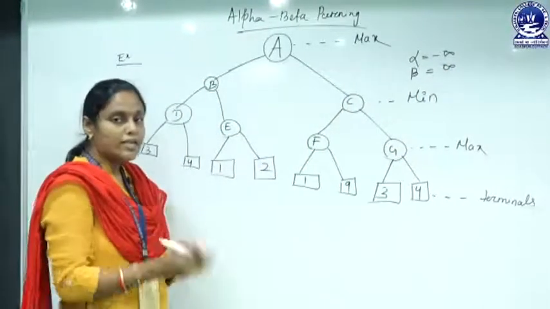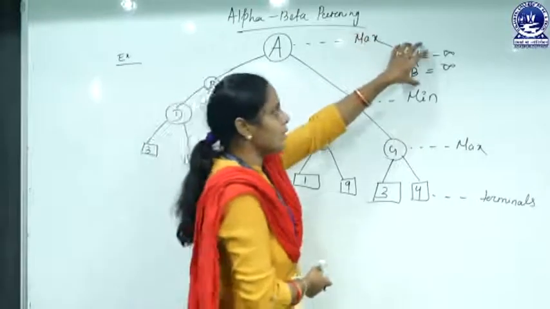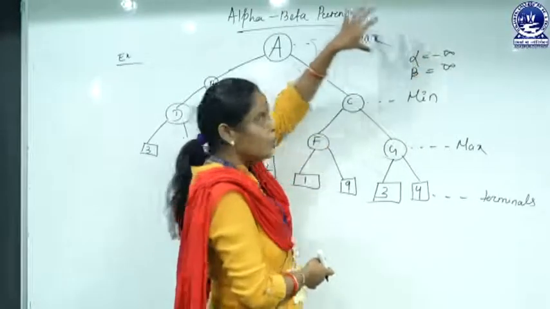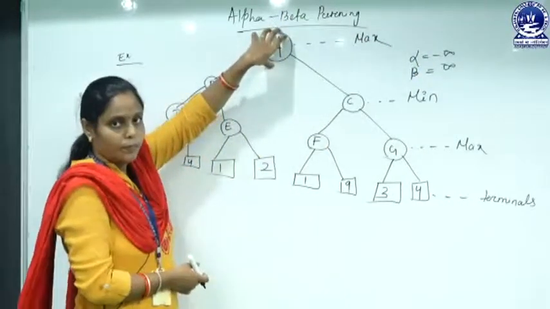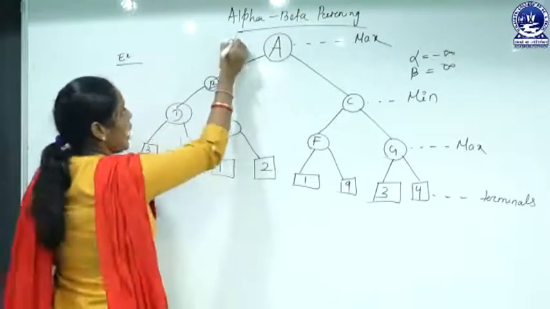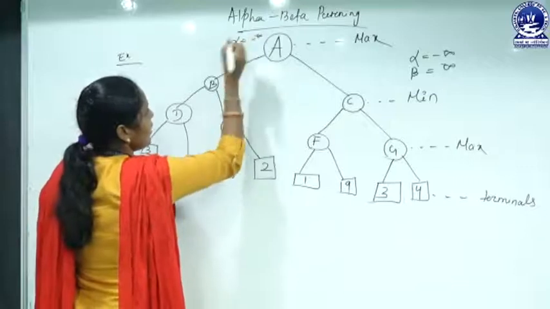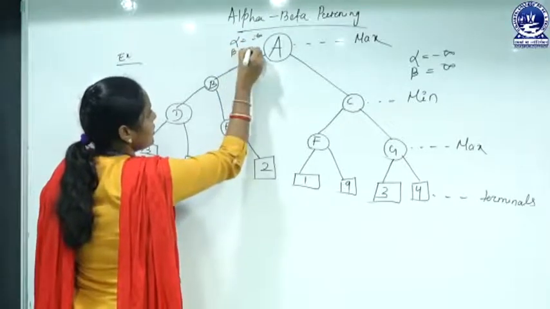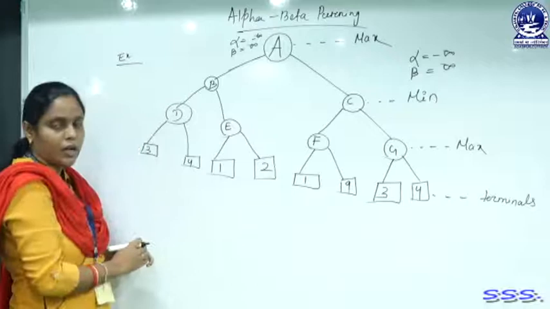Now first of all we initialize these alpha beta values at our initial node, which means at this point the alpha value is minus infinity and the beta value is plus infinity.